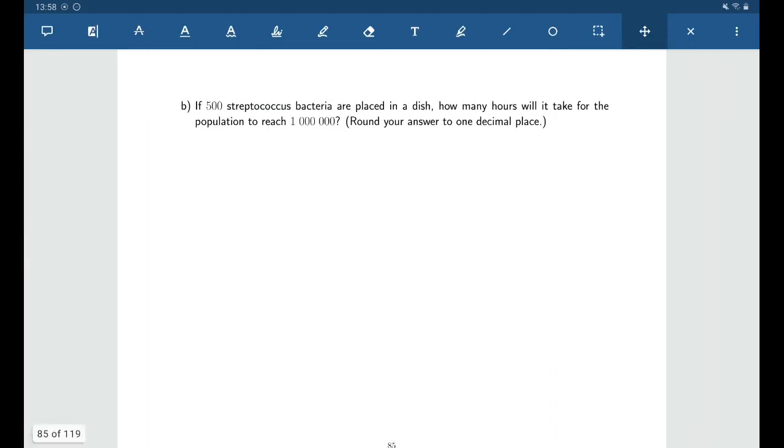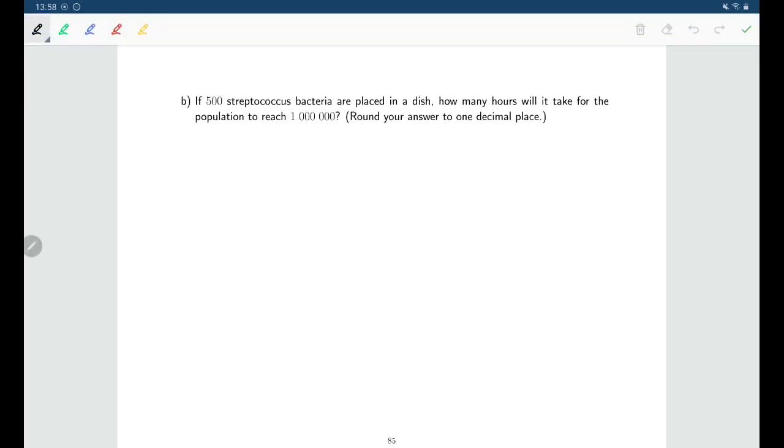And so now what we want to do is use this growth constant to solve this problem. We start off with 500 bacteria. So that means that A of t should be 500 e to the 4/3 natural log of 2 times t.